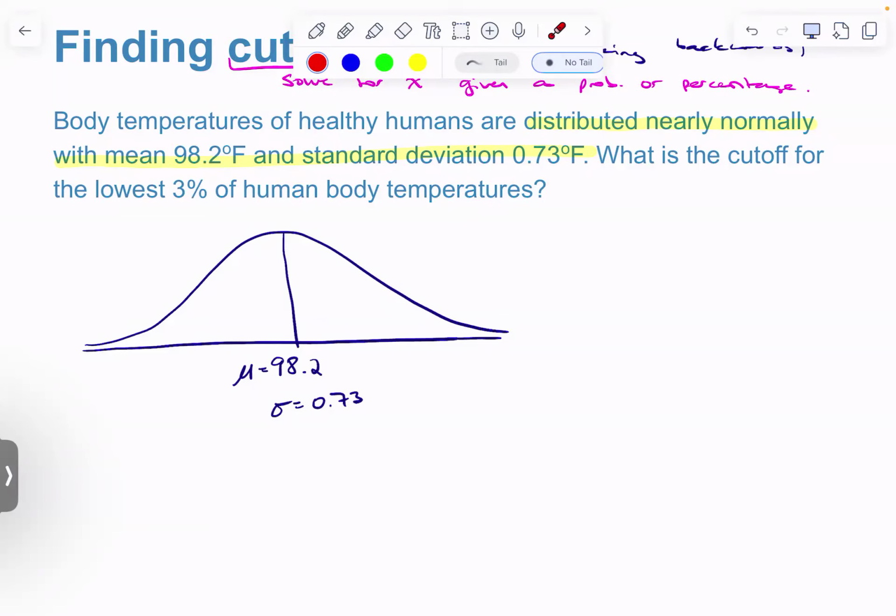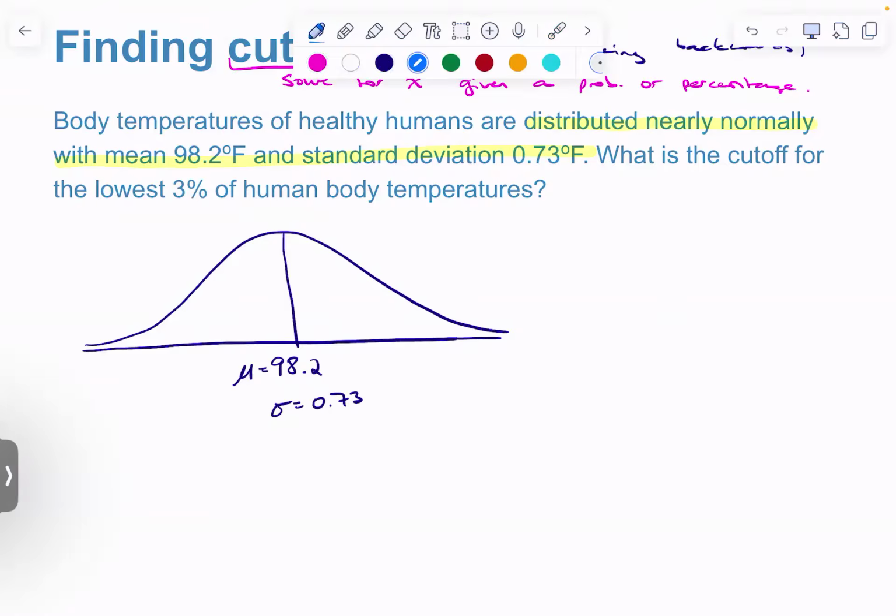Really not feeling well. So it'd be way up here. And then what's the probability of having a temperature less than that? We can solve that, but that's the same thing we did earlier. Part B, what's the cutoff for the lowest 3% of human body temperatures? And then part C, what percentage of people have temperatures between these two values? Basically, that's all we can ask.